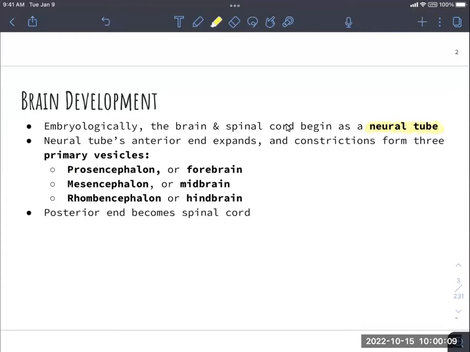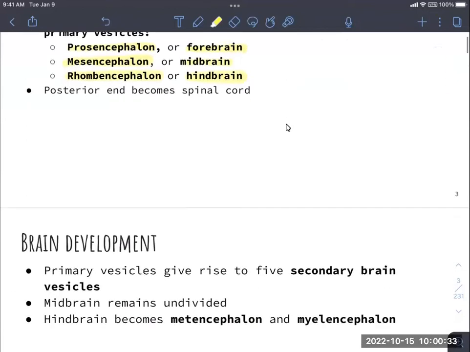We have the proencephalon, which becomes the forebrain, the mesencephalon, that becomes the midbrain, and the rhombencephalon, or the hindbrain. The back end of that all becomes our spinal cord.